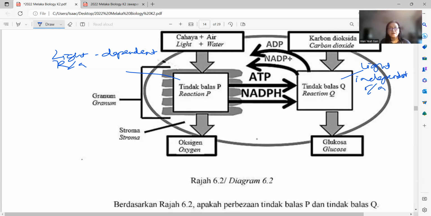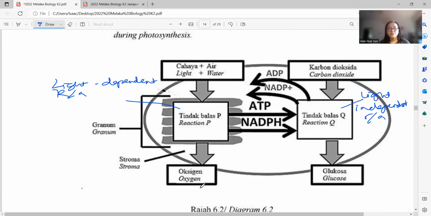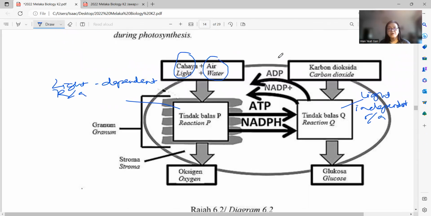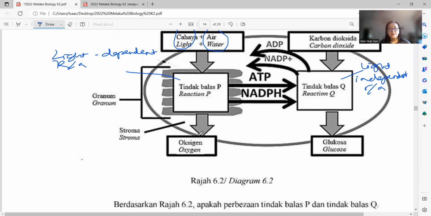reaction. Okay, in light-dependent, you can see that light is needed. Here does not require light, and then water is required. Here you don't need water. Oxygen is produced. Here glucose is produced. This one occurs in granum.